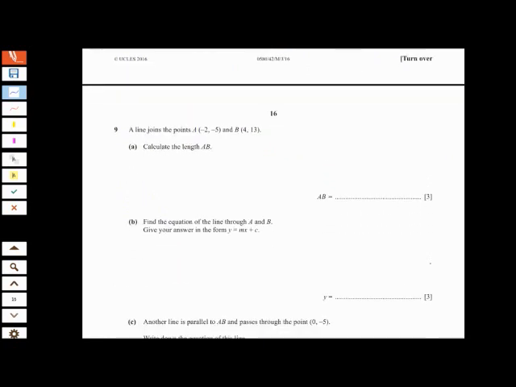Okay, now last question, 9. A line joins point A and point B. Calculate the length of AB. So basically use the formula, which is AB equals square root of x2 minus x1 squared plus y2 minus y1 squared.